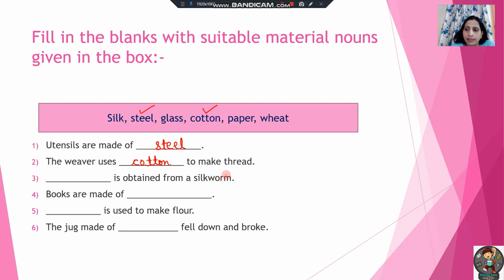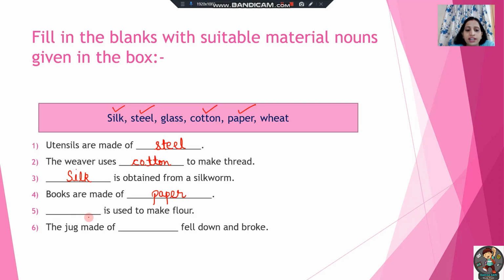Silkworm से हमें क्या मिलता है? We all know that we get silk from silkworm. So that's why we will write silk here. Next is, books are made of dash. We all know that books are made by paper. Now we will check for the suitable material noun here and paper is here. That's why we will write paper.